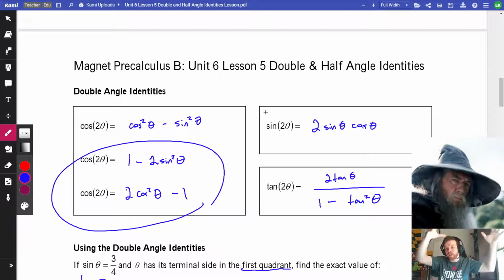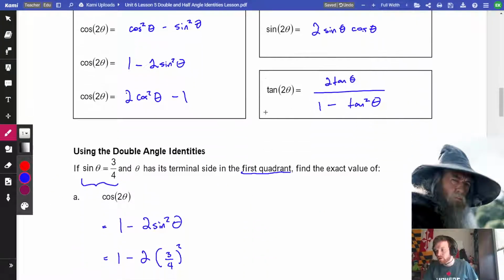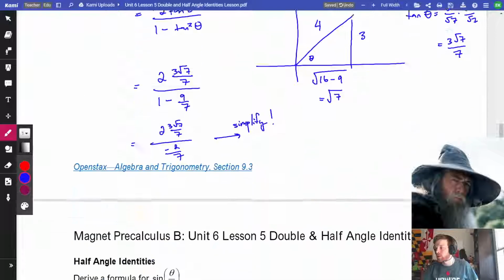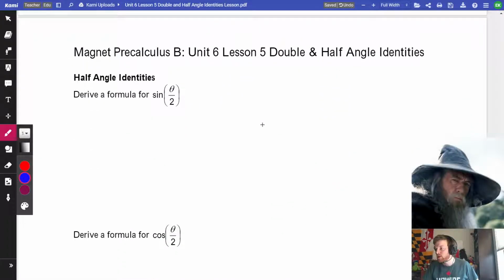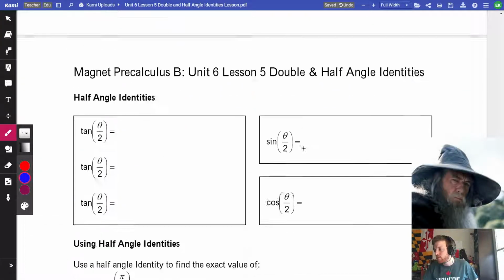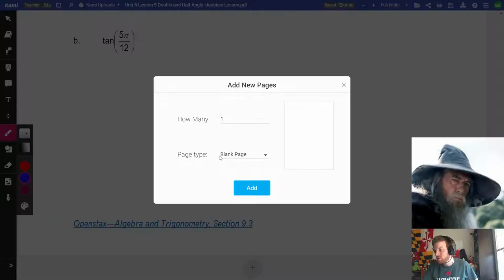Reducing sine squared into something that doesn't have a square. Reducing cosine squared into something that doesn't have a square. And it comes from these two circled identities. Cosine 2 theta is 1 minus 2 sine squared, and cosine 2 theta is equal to 2 cosine squared minus 1. Let's scroll down here, and let's use a whole new page.